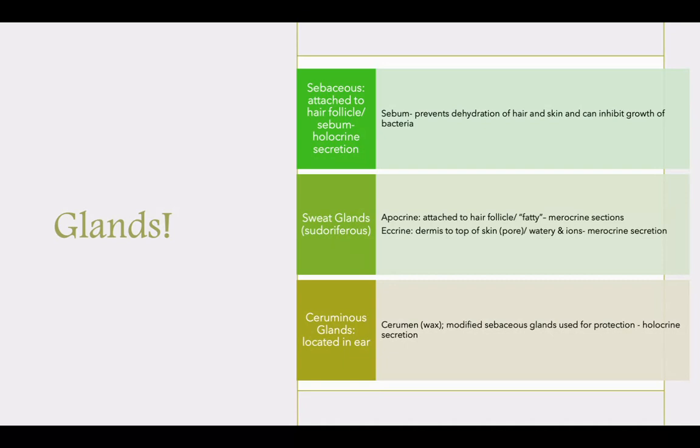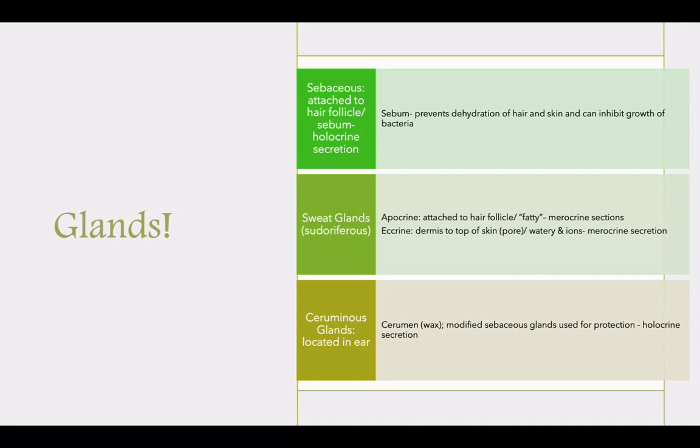Because apocrine sweat glands are associated with hair follicles, they're found along the axillary regions, the groin, and also around the areola, which is the area around the nipples on the breast. These sweat glands can also be found in the region of a male's face where a beard would be growing.